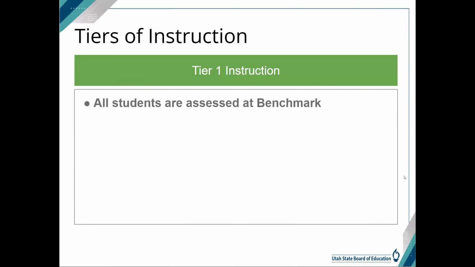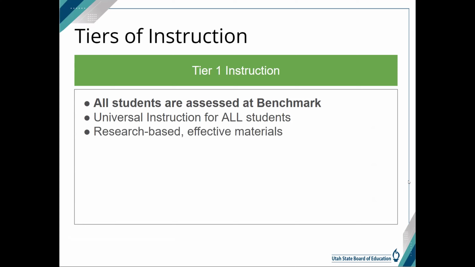I just want to briefly go over what is Tier 1 instruction. So all students are assessed at the benchmark. Tier 1 instruction is universal instruction for all students. It should be using research-based effective materials. You can provide that as a whole class or within small groups or a combination.